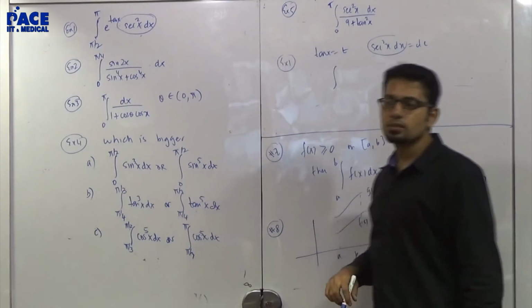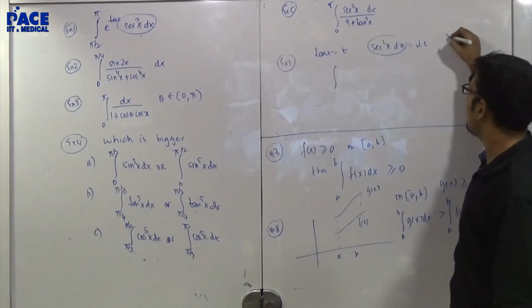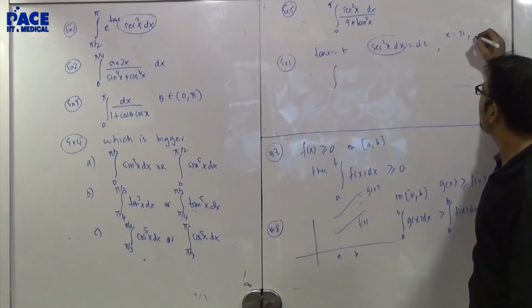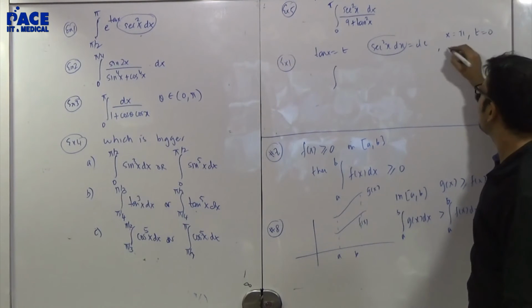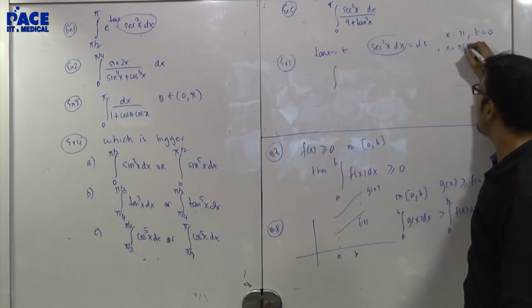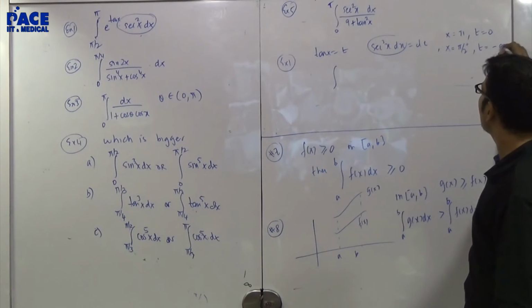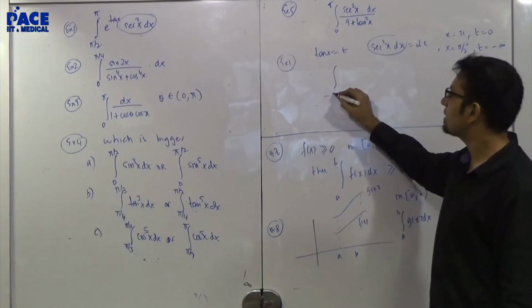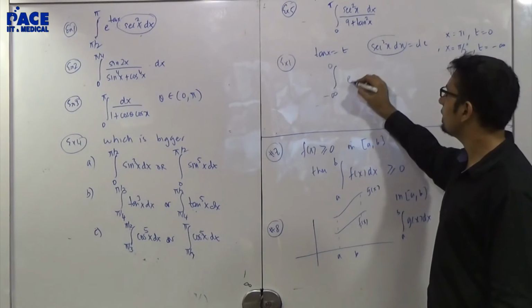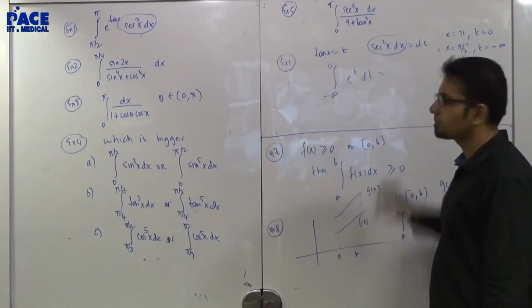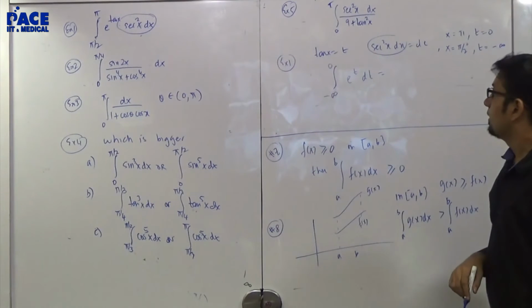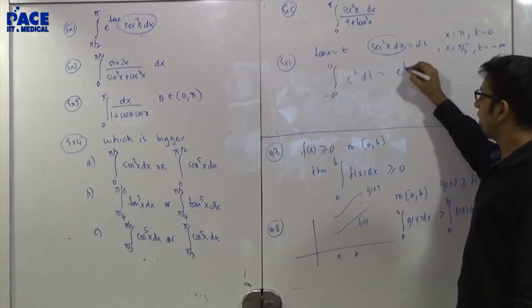What will be the new limits? देखो x अगर pi है, tan of pi is 0. x अगर pi by 2 plus है, tan क्या है? Minus infinity. So the limits are going from minus infinity to 0 e raised to t dt. ठीक है? And then this will be e raised to t only.